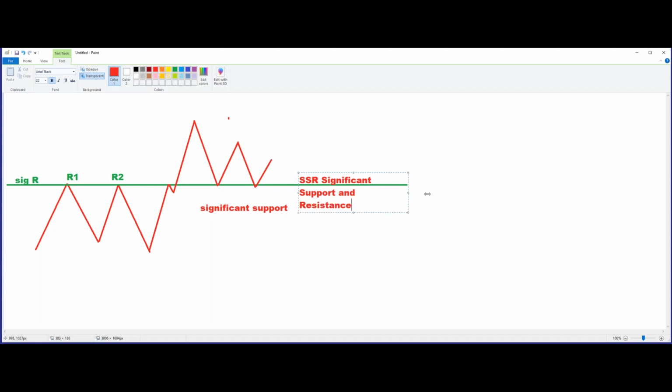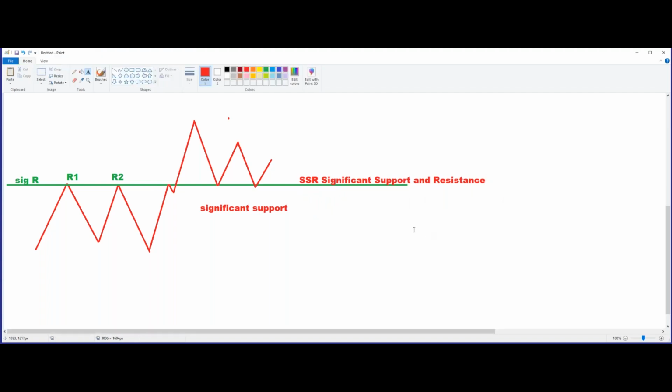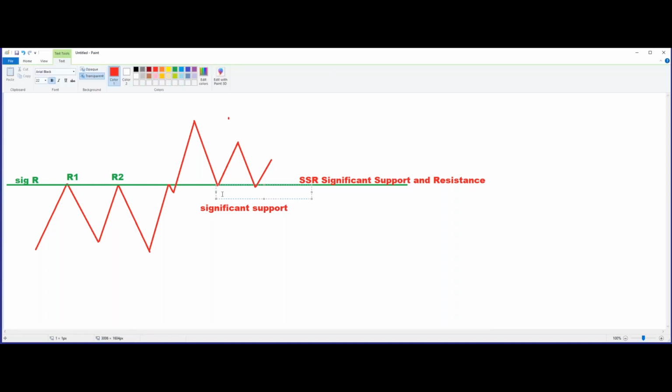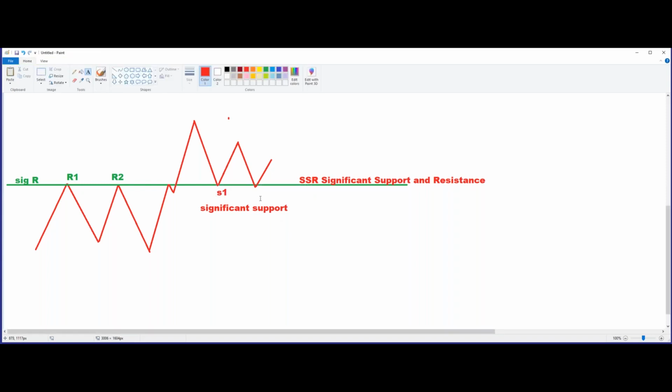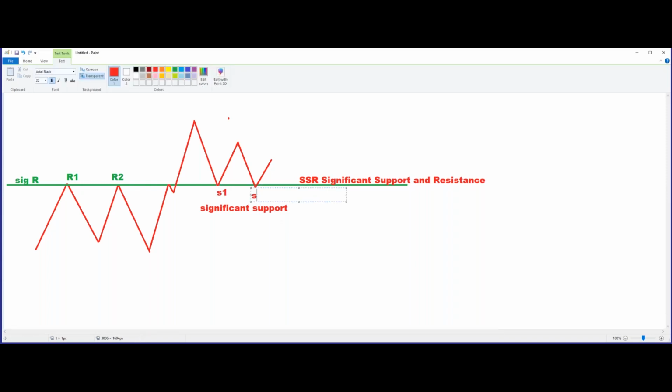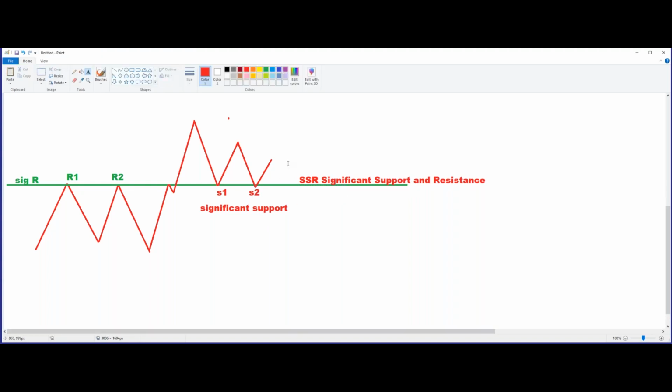Do you understand SSR? You have to use this; we will use this term very often. SSR is a line where the resistance and the support meet, because you have a significant support over here, and at the same line you have significant resistance over there. So SSR is very important.